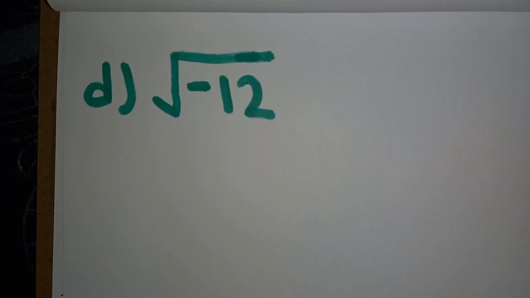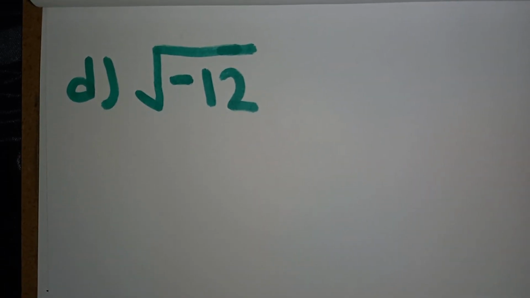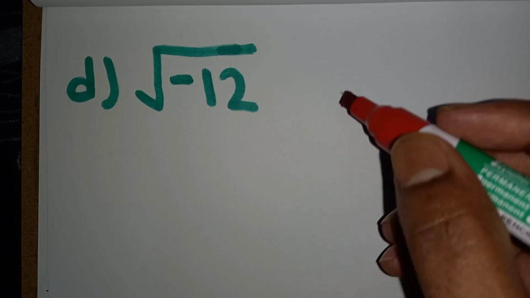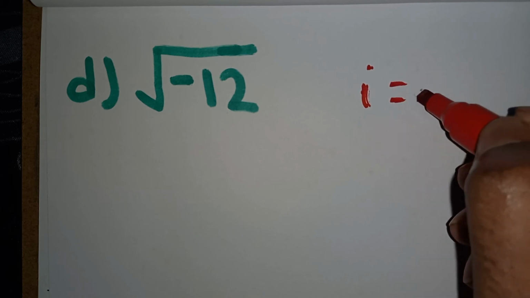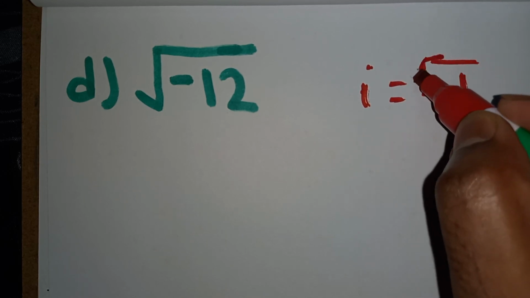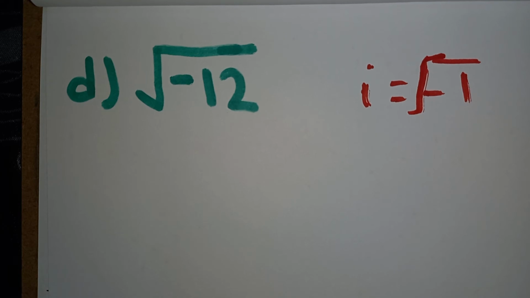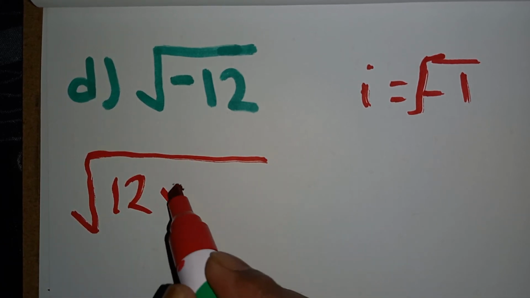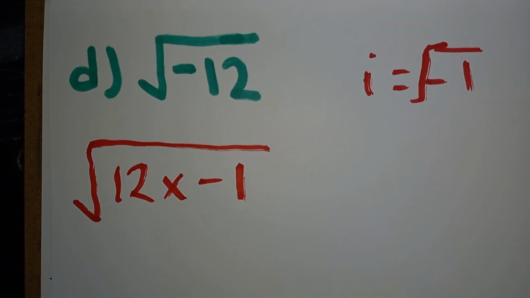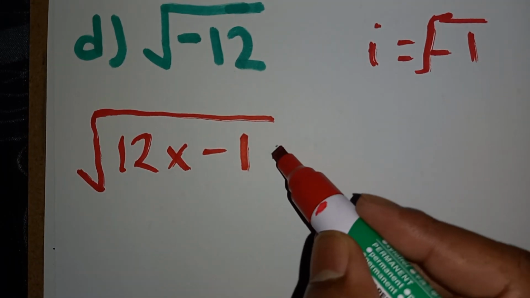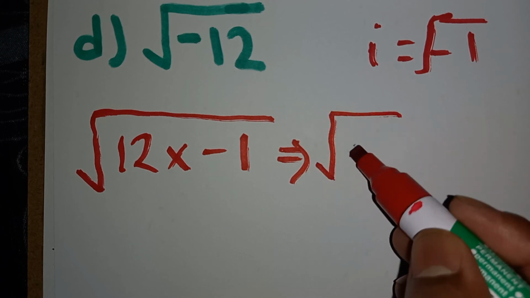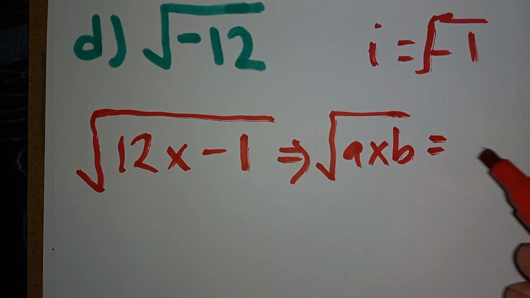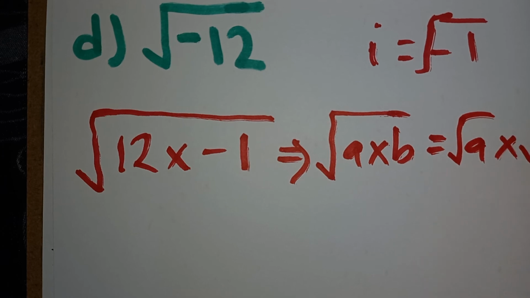Let's do another example and see what we can do here. This time we have a square root of negative 12. Again, i is equal to the square root of minus 1. Now this can be written as the square root of 12 times negative 1. Applying the rule again, square root of a times b is the same as square root of a times square root of b.